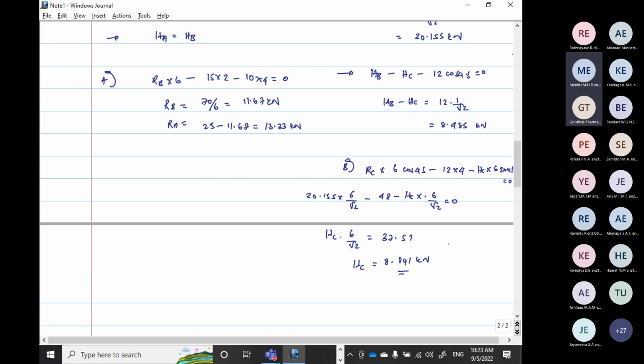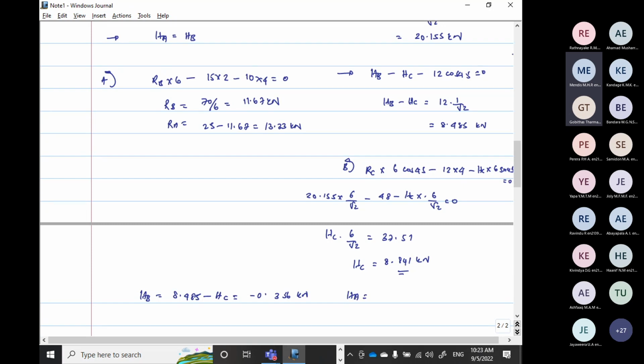Once you know HC, you can find HB, which is 8.485 minus HC. So 8.485 minus 8.841 is minus 0.356 kilonewton.